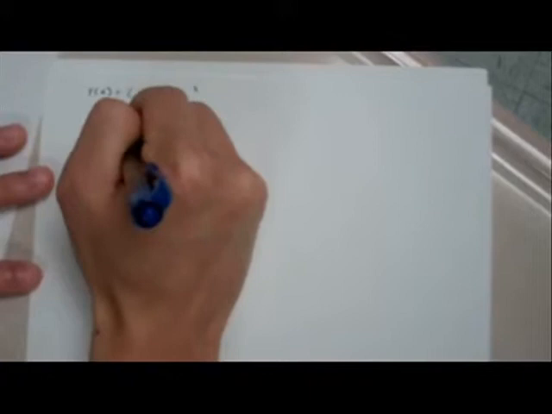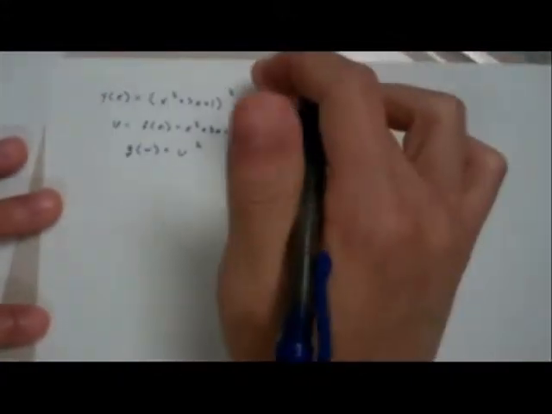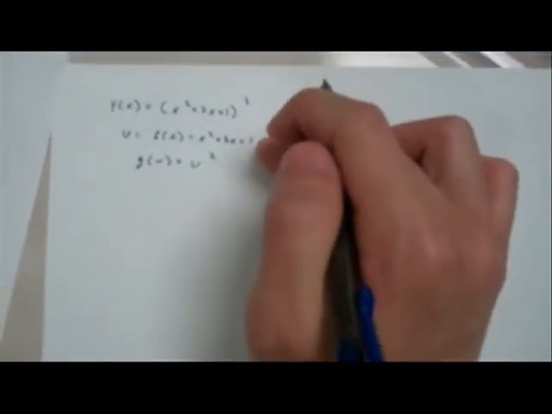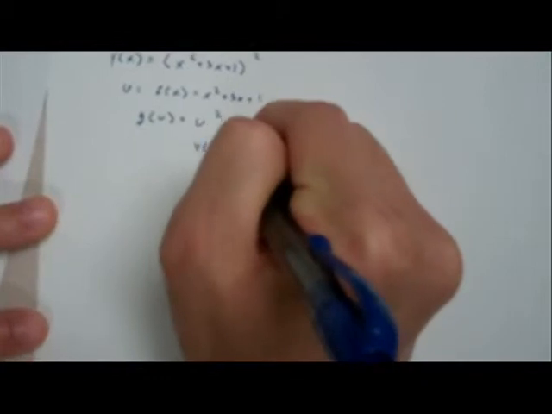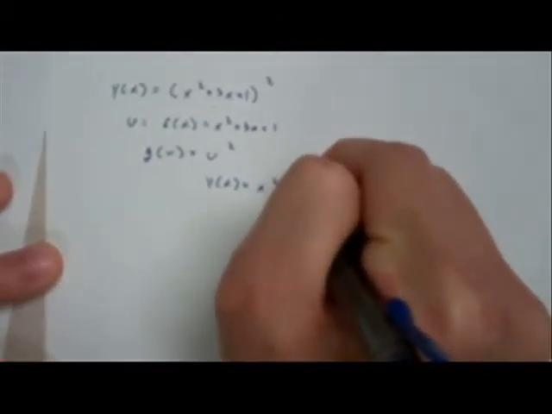Then we plug this into another function called g of u, which is equal to u squared. Because we're plugging the original f of x into u, we now get y of x equals x squared plus 3x plus 1, squared, or g of f of x.